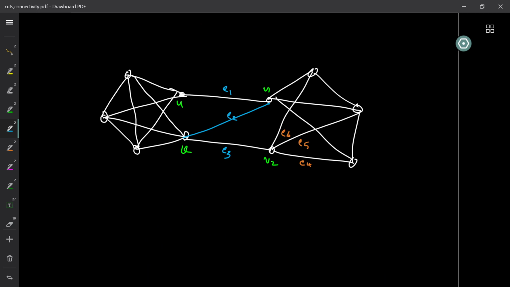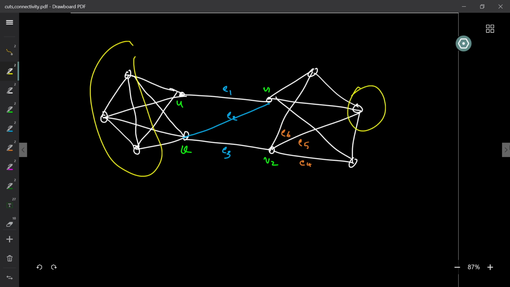Here is another example. You have this graph, and let's say this is your x and this is your y. Then you see that every xy path must use one of these edges e1, e2, or e3. So they form an edge cut.